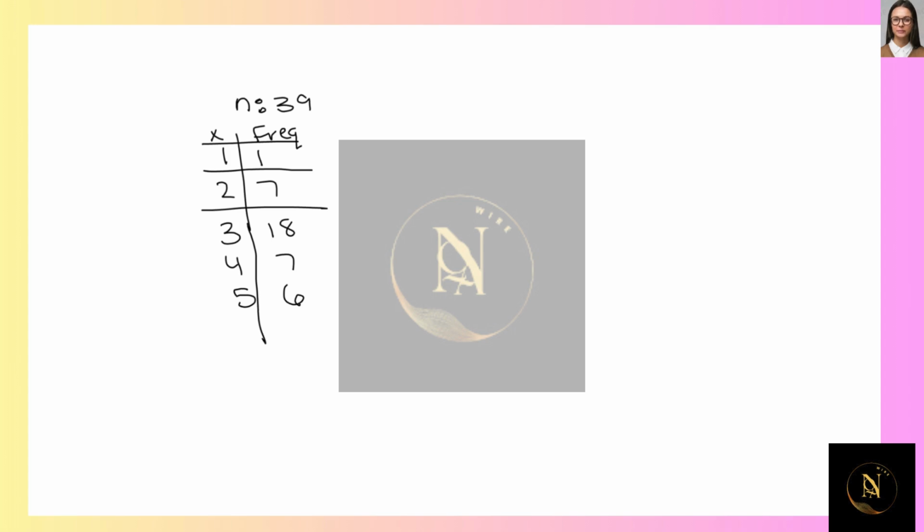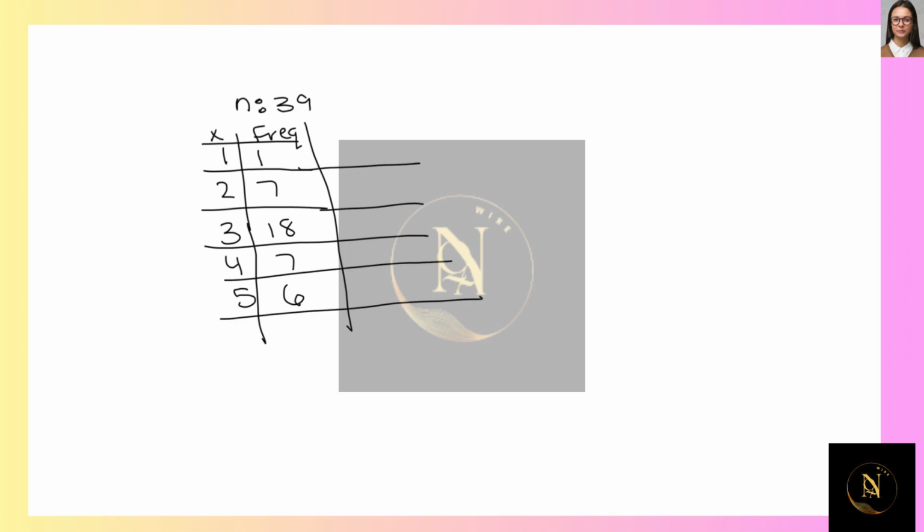So then what you're going to do is multiply: 1 times 1 is 1, 2 times 7 is 14, 3 times 18 is 54, 4 times 7 is 28, 5 times 6 is 30. And so 54 plus 28 plus 30 plus 14 plus 1, and that's 127.